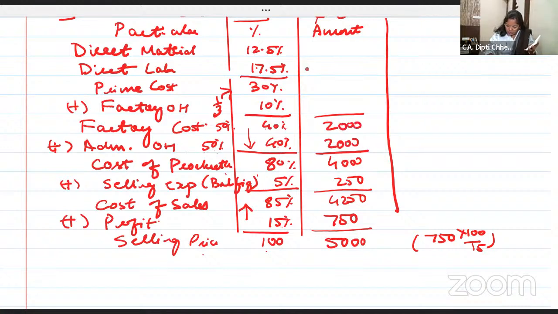So this is 2000. 10% is factory overhead, 500. 30% of 5000, 1500. 17.5% of 5000, 875. 12.5% of 5000, 625. Cost sheet is over.